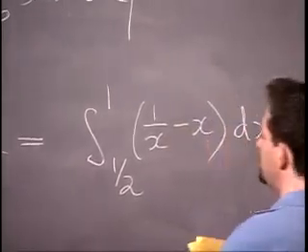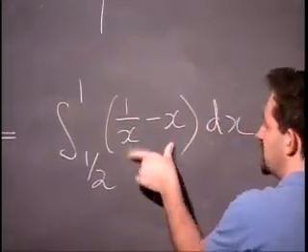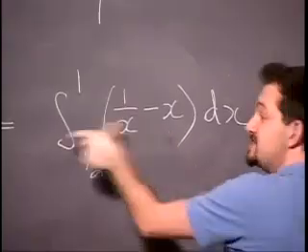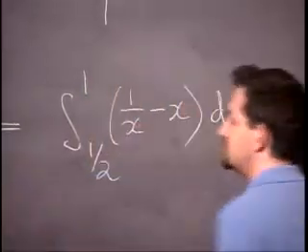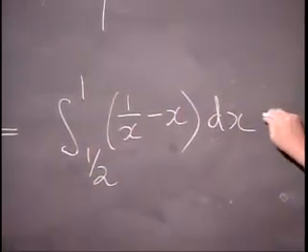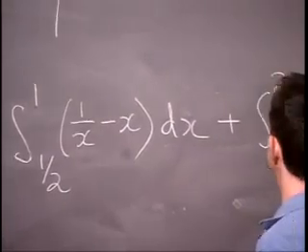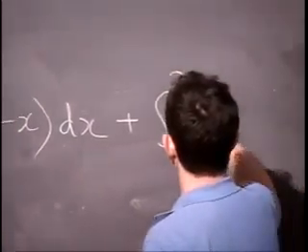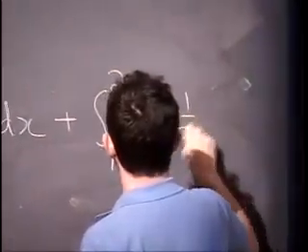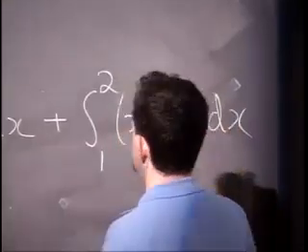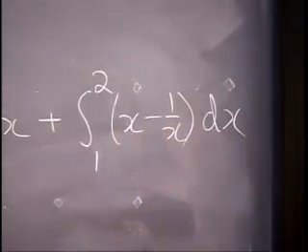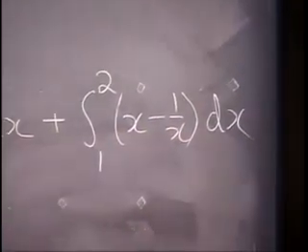So in between 1/2 and 1, this quantity is positive. So this is the absolute value. Whereas between 1 and 2, x is bigger. And so that, you need x minus 1 over x.